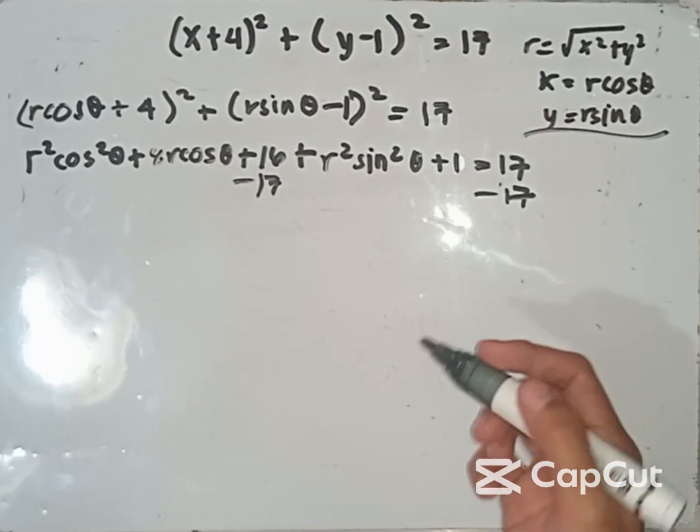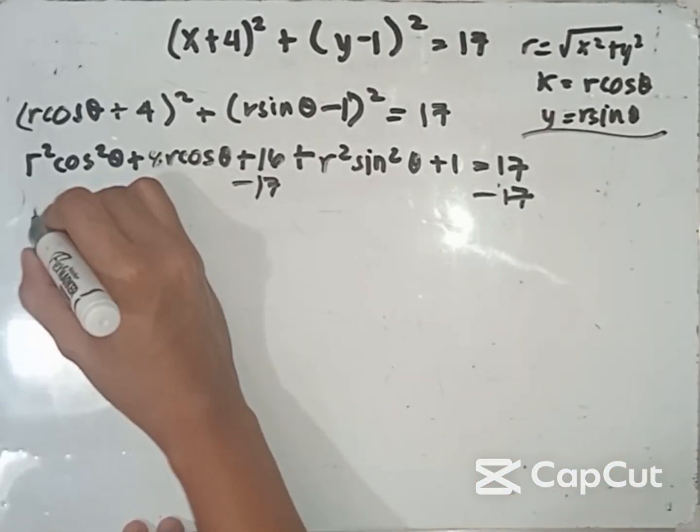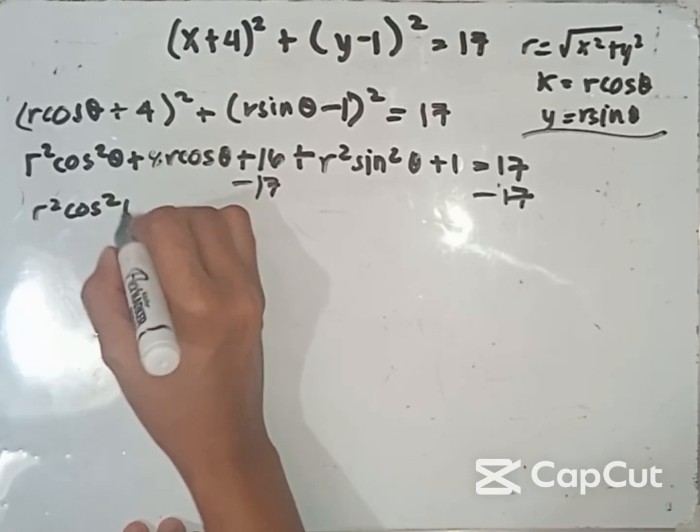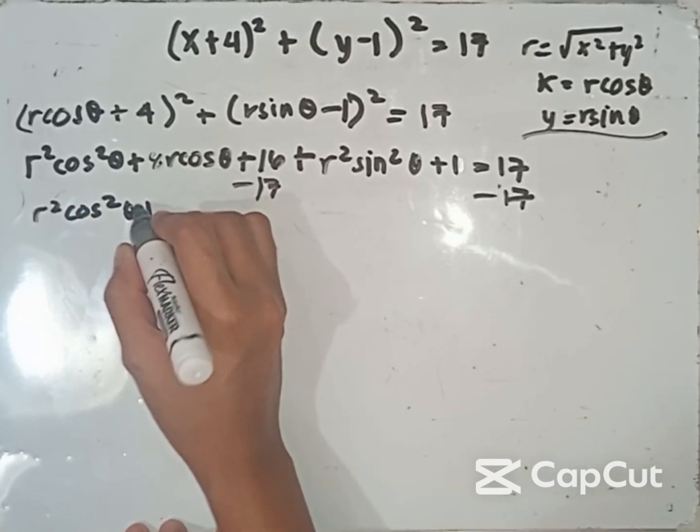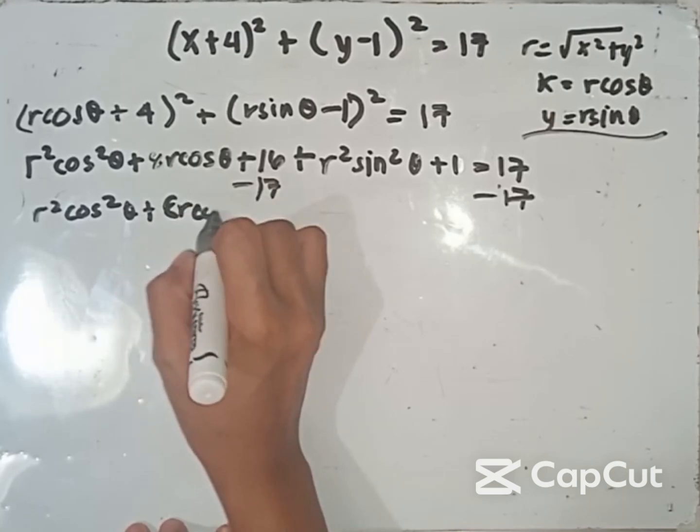Alright, so this would give us r squared cosine squared theta plus 8r cosine theta.